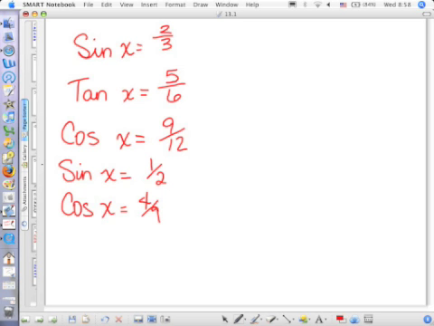Find the value of x in this case. We'll round again to the nearest tenth. And remember, you are looking for an angle measure. You should have gotten 41.8.